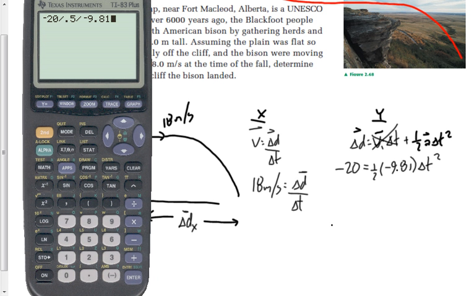Okay, 1/2 and 9.81 are both multiplied by t squared. So let's divide by a half. Let's divide by negative 9.81. Gives me a value of 4.077. But that's not t. That's t squared. How do I get t from that? Hayden? The square root of it, right? 2.0193.